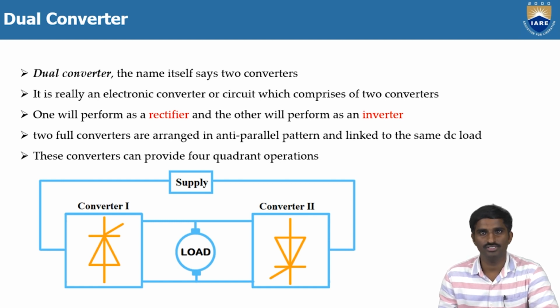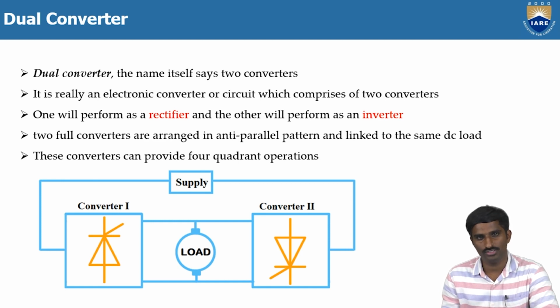Here, as you can see, in the dual converter we are using two full bridge rectifiers connected in anti-parallel. We indicate the first as converter 1 and the second as converter 2. Converter 1 will perform as a rectifier and converter 2 will perform as an inverter.